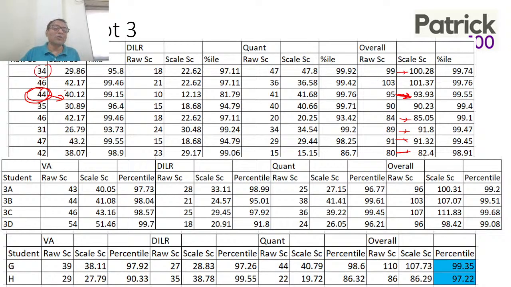So here, if you look, verbal was scaled down, DLR was scaled up, Cont was slightly scaled up, but this guy who scored 95 had a scale down because he scored very high in verbal where the scaling was down. Same with 103, which went to 101, because he scored very high in verbal where the scaling was down. Whereas people who scored high in DLR had a scaling up.